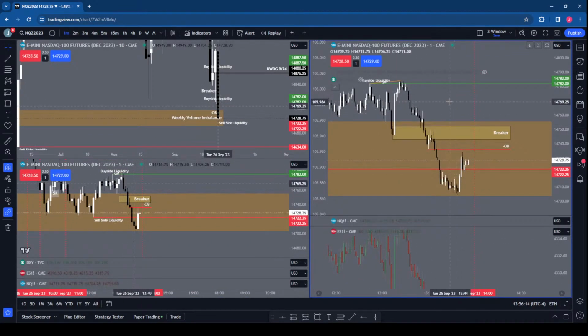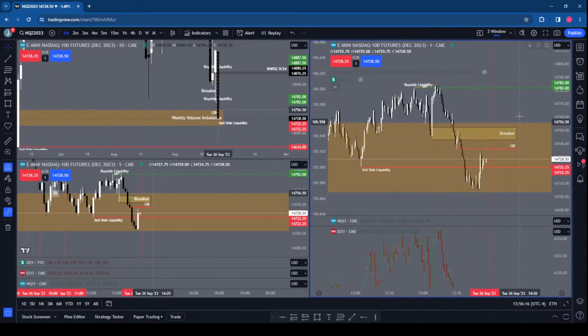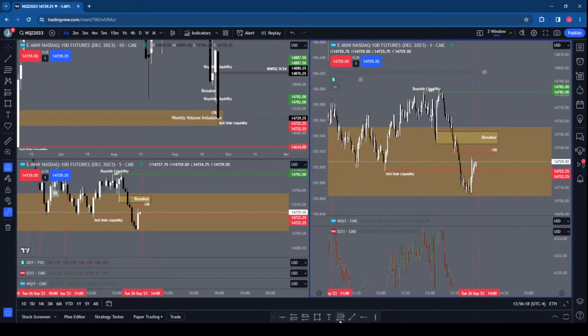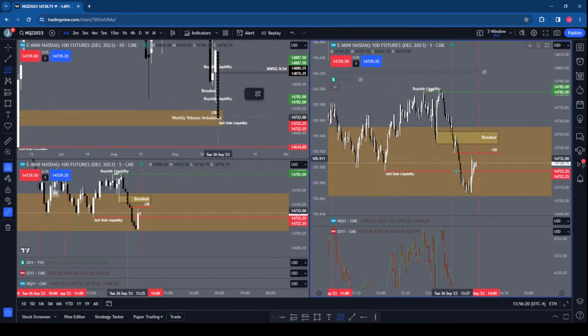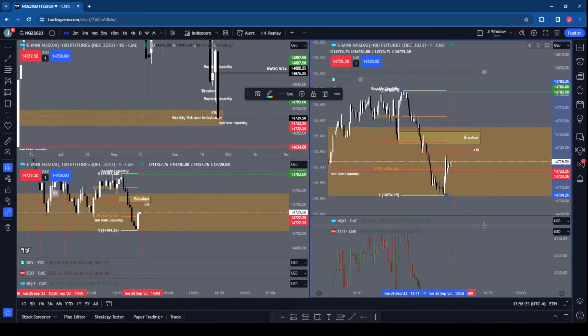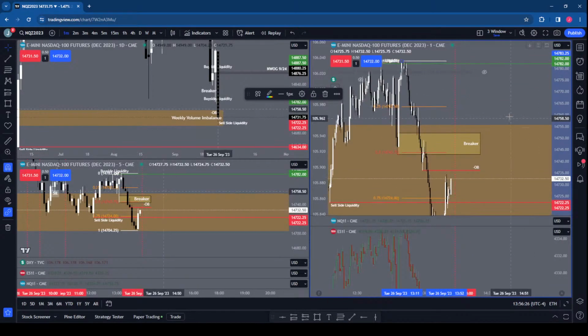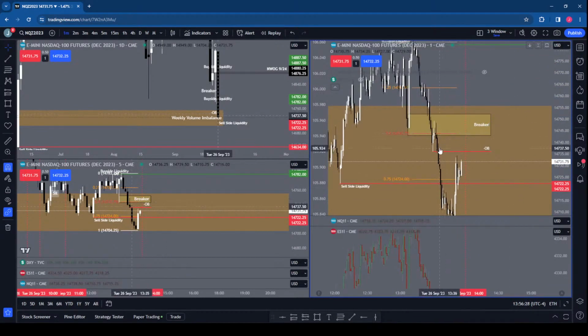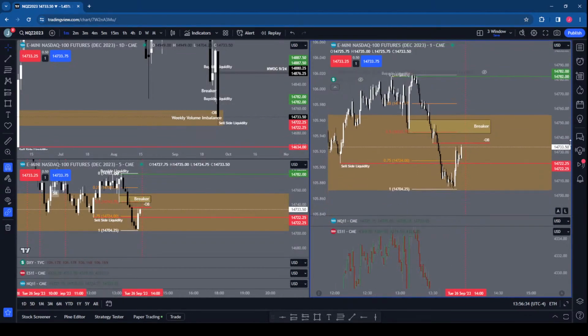I'm curious to see, I know this morning, if you listen to my recap this morning, I spoke about taking PD arrays that are within the top 50%. If we want to see more downside price action, I like this breaker. See how the majority of it is within the 50% level. So I like that.